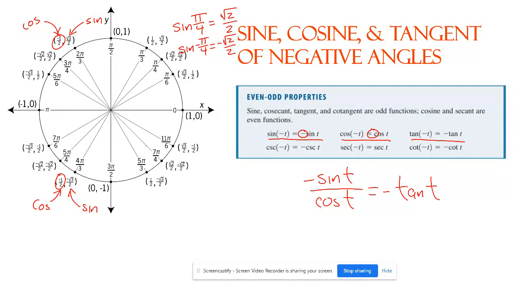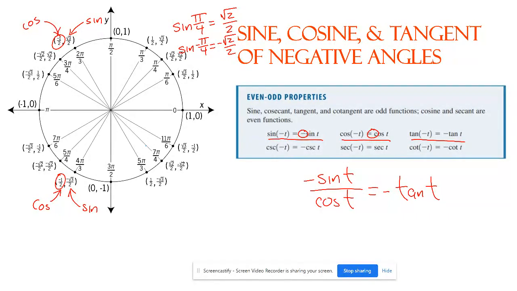So tangent uses the same rule as sine. If you do the tangent of a negative angle, you find the tangent of the positive angle, and then you make it negative. So I like to just use the unit circle as a reference and just look at my x and y values and work stuff out that way. But if you can remember these rules, they will save you a lot of time.